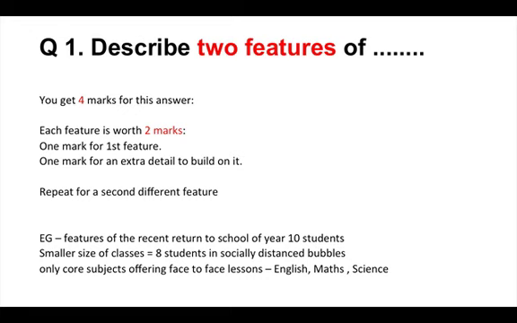A second feature is that only core subjects have been able to offer face-to-face lessons. This has meant that students have spoken with their English, maths and science teachers but have not had the opportunity to meet any of their other subjects' teachers. I've given 2 completely different features and backed them up with some examples. So I would score 4 out of 4.